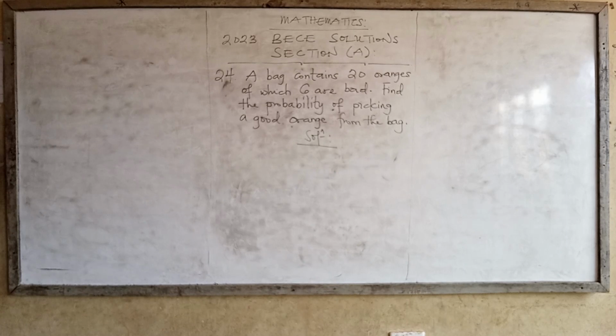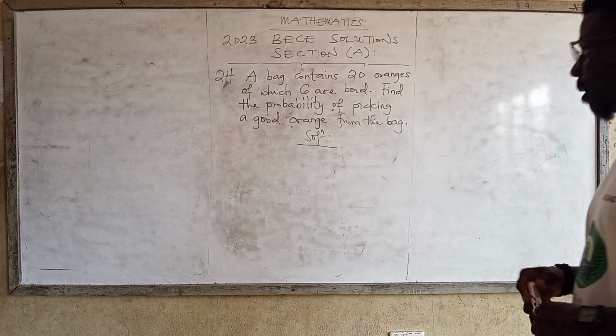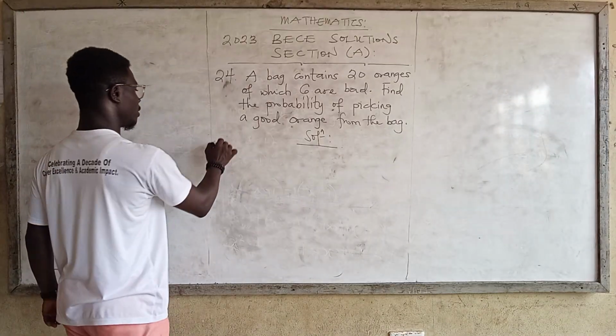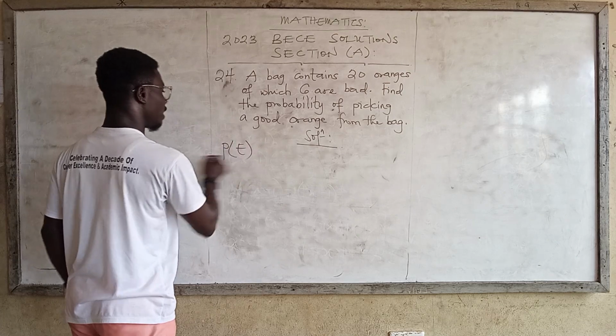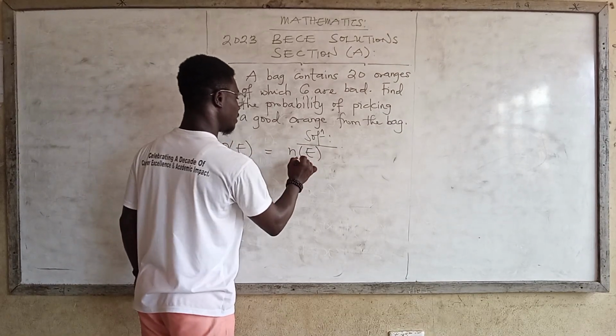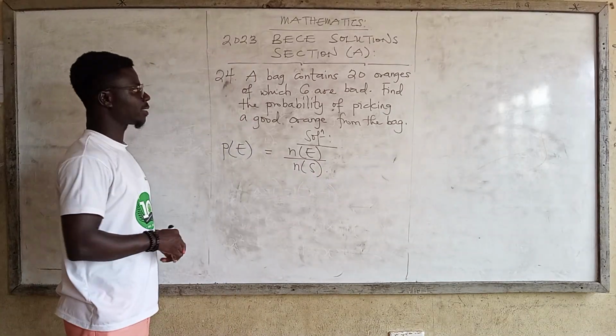Alright, so question 24. A bag contains 20 oranges, of which 6 are bad. Find the probability of picking a good orange from the bag. So now let's see. How do you find the probability? Probability of an event is equal to the number of events all over the number of sample space, right?